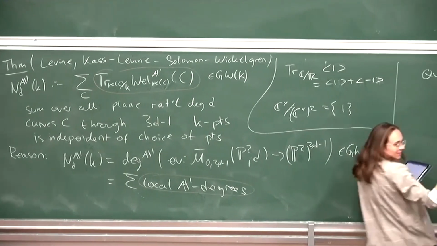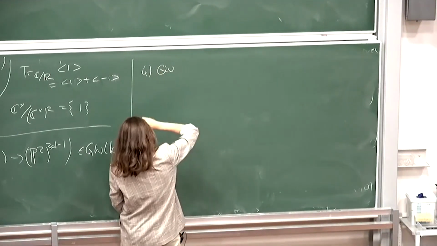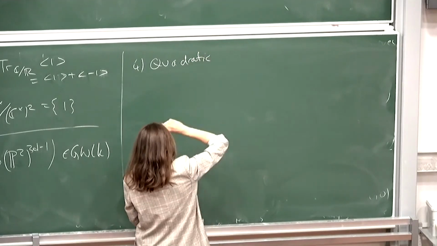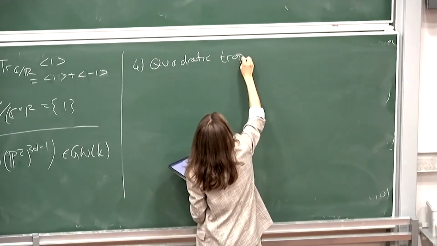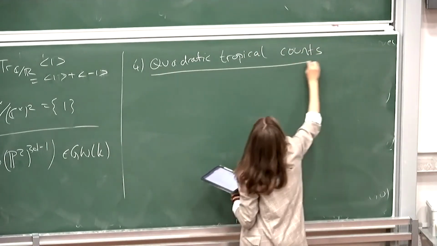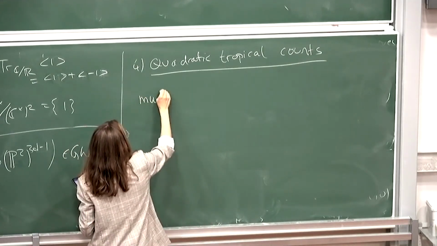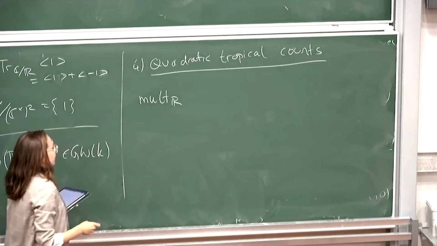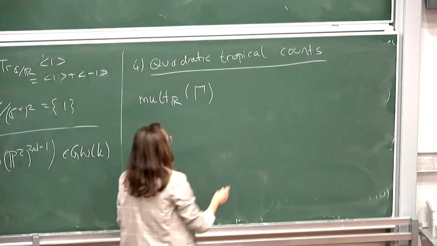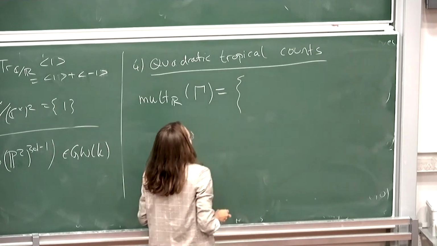Just like Marc says, this is also something that really follows now from the following. Let's do quadratic tropical counts. So I already told you that there's also a real multiplicity for the tropical curves. And this looks as follows. There are two cases.